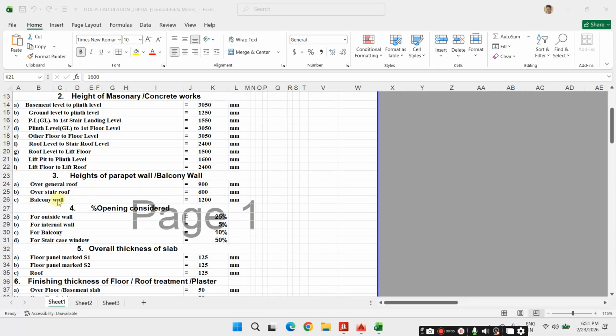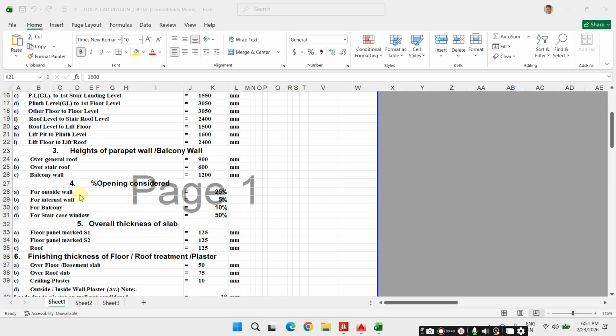Parapet wall and balcony wall widened 1200 mm, and that is the percentage opening considered. For outside wall, 25% are considered as opening for window, and for internal wall, 5% opening are considered only for doors, and for balcony is 10%, and for a staircase window 50% are considered as opening.